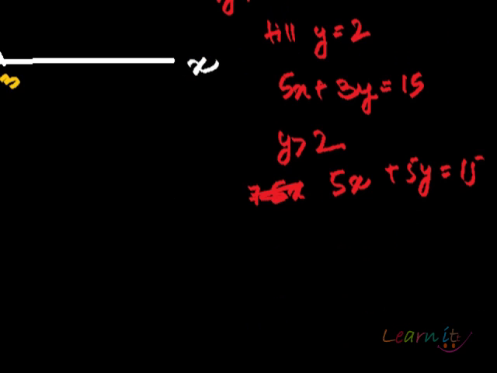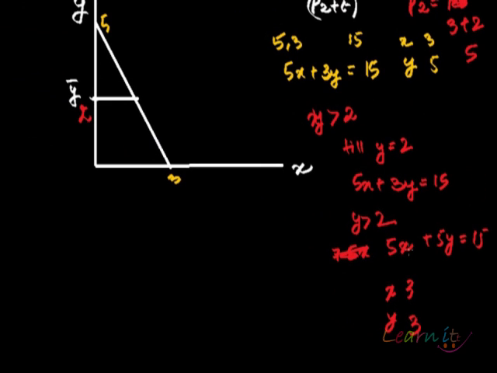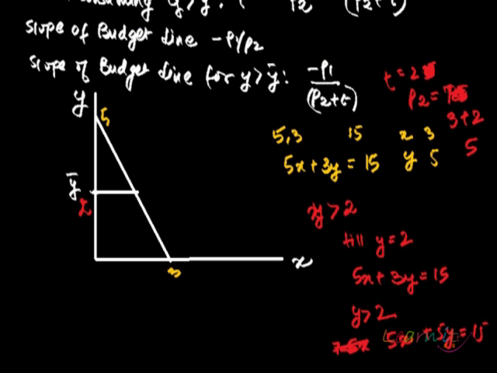So the intercepts would be x is 3 and y is also 3. When y is 0, x is 3. When x is 0, y is 3. Right. So now putting these intercepts, when y is 0, x is 3, and when x is 0, y is 3. This is the budget line. So now, how will you have a look at that?